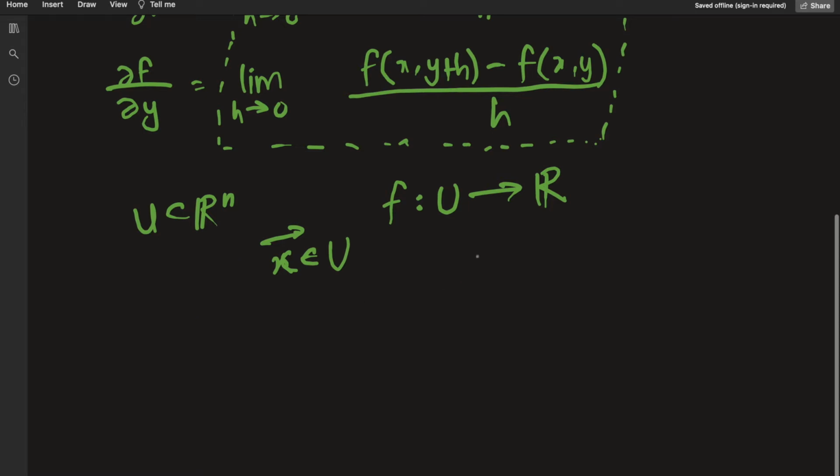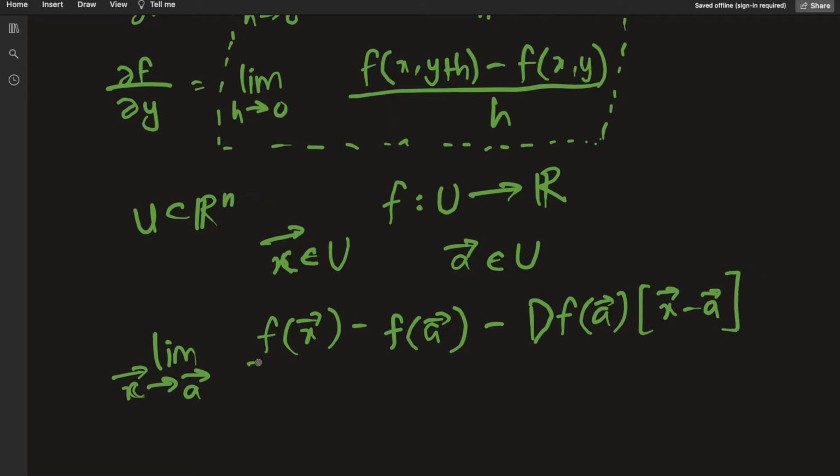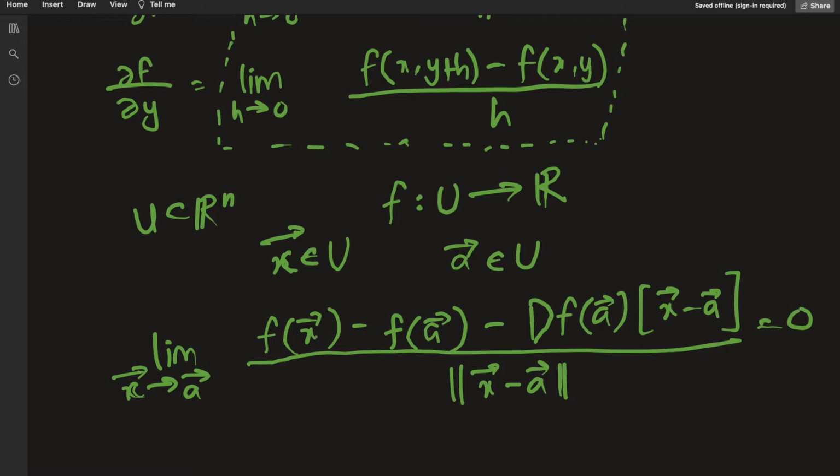We want to see whether f is differentiable at A, and A again is a point in U. All these points are in the domain, which is U. So we can check whether the limit as vector x approaches vector A of f of x minus f of A minus df of A times the vector x minus vector A, divided by the magnitude of x vector minus A vector, is 0. We need to show that this is 0.